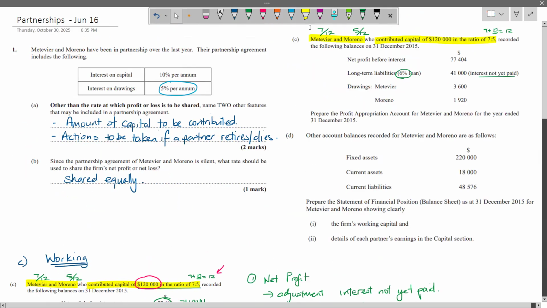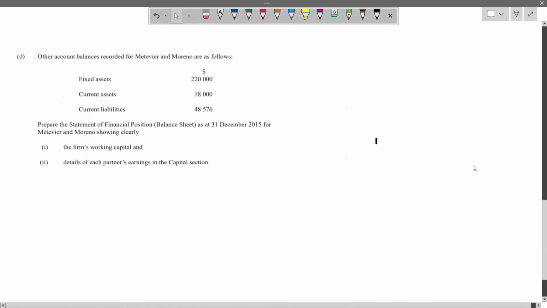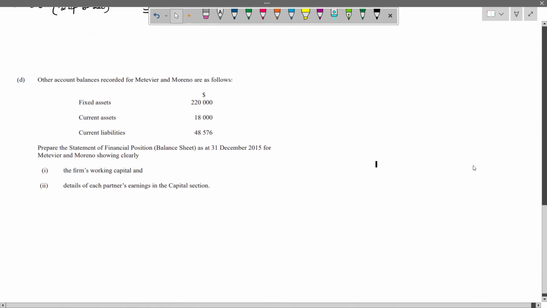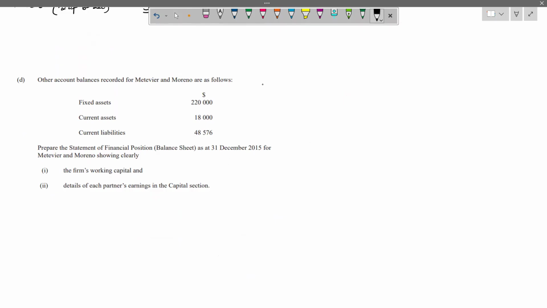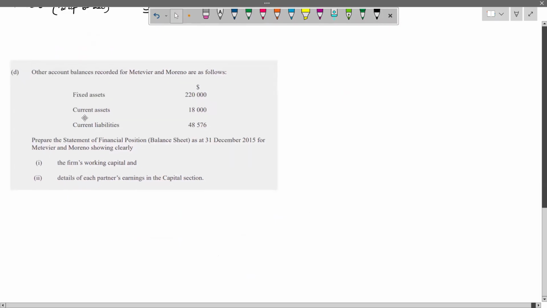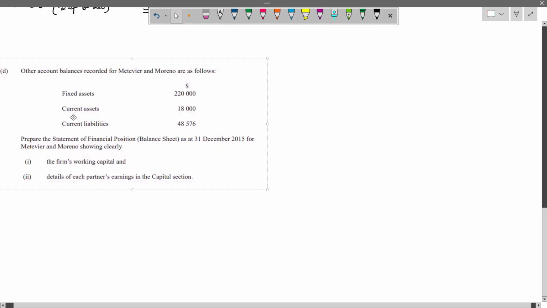No, they did not provide us with any current account balances, right? So we are going to have to show that in our balance sheet. All right, so let's start by heading up. I'm going to do this adjacent to the question here.